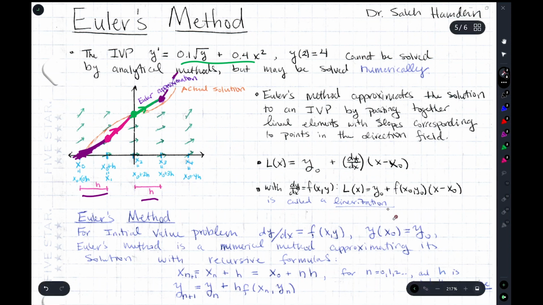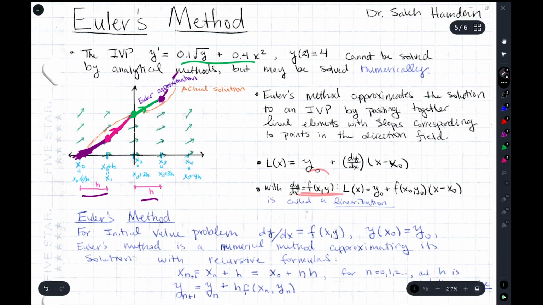And this process of, instead of going from an exact solution curve to just a line, that's called linearization, okay? We just basically approximate the solution curve as a line for a segment with step size h, okay? Translation h on the x-axis.